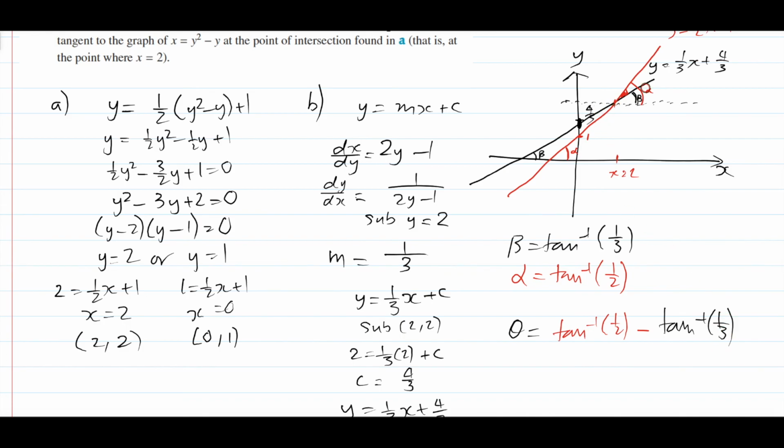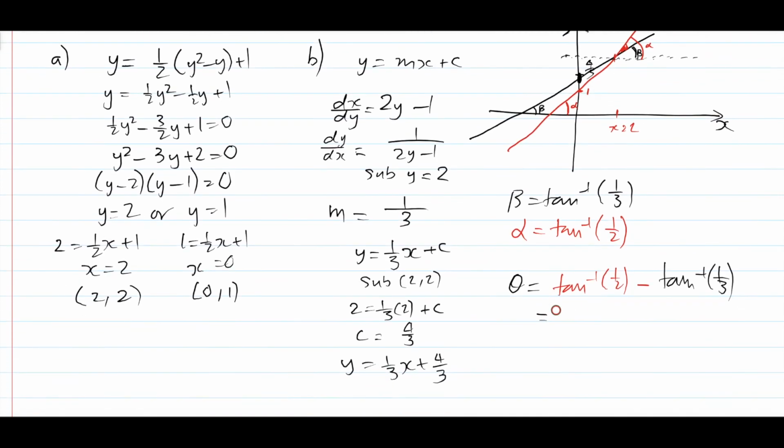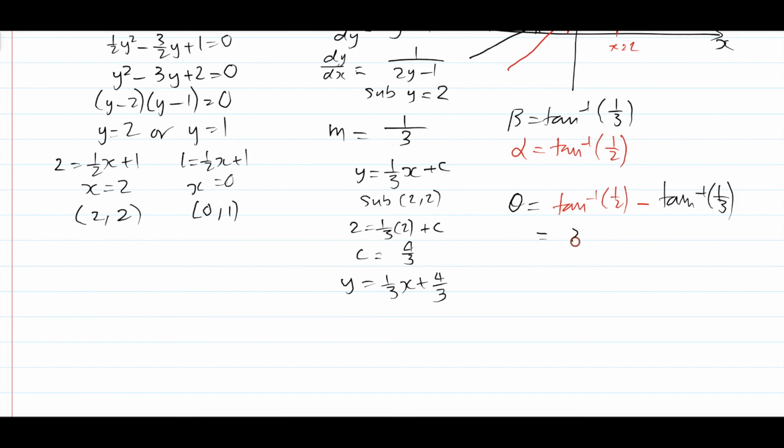So hopefully you can see the picture right here, because this tan inverse formula only works if it's measured from the x-axis, and that's how we're doing it right now, okay? So if you do this on your calculator, obviously you can't do this by hand, your final answer should be 8.13 degrees. So just chuck it inside your calculator, and that's what you should end up with.